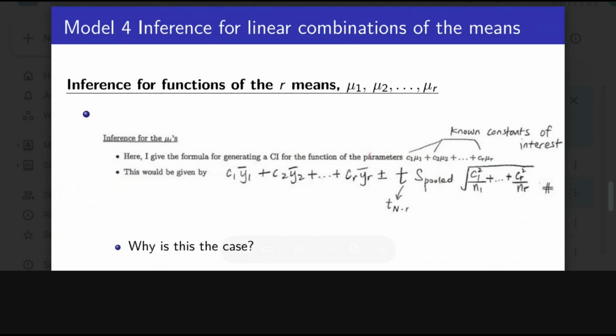How many degrees of freedom? When you have a two sample comparison, it was just N1 plus N2 minus 2. Here it's total sample size minus number of groups, times S, times the square root of the sum of the constants squared over sample size. Why is this the case?